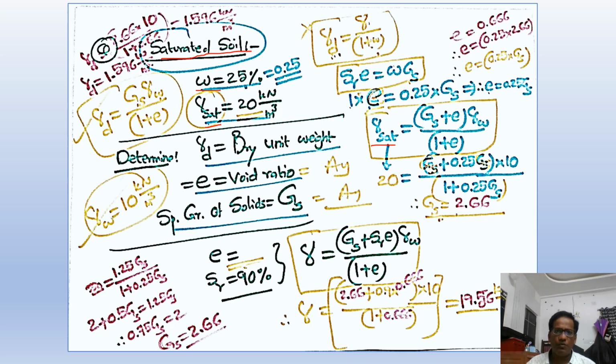S is 1, so 1 into e into gamma W by 1 plus e. In saturated soil the degree of saturation is 100%, so let us proceed with taking S as 1.